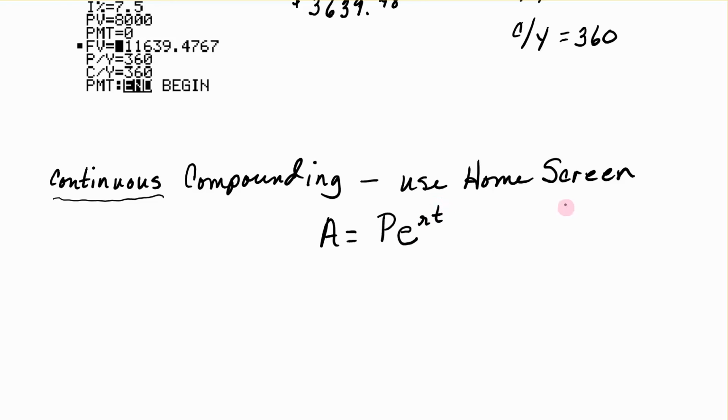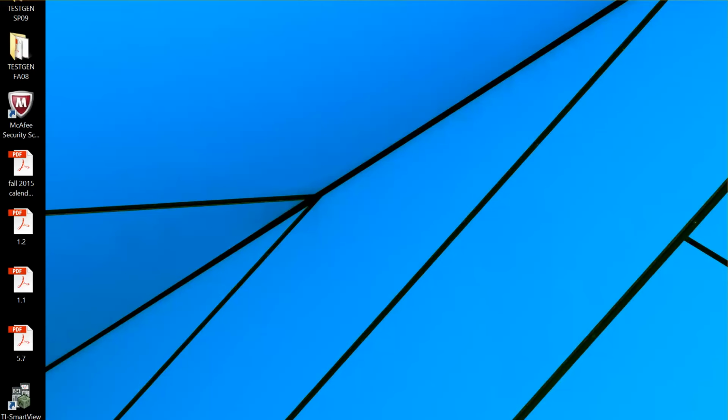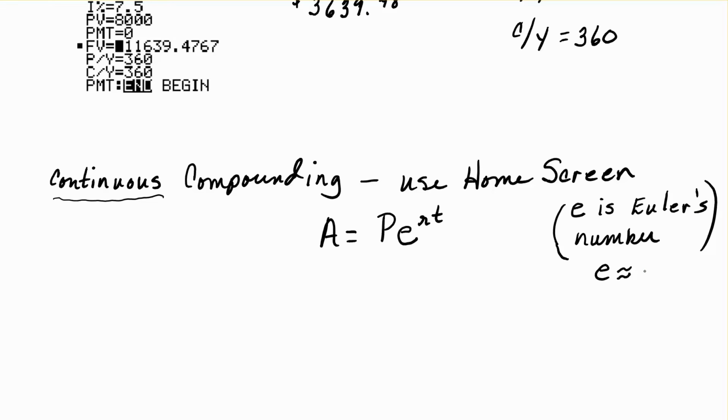Now, a little note. E is Euler's number. You've worked with weird numbers before that had letter names like pi. Well, E is Euler's number. He was the mathematician that came up with this. And E is approximately, just approximately, 2.7.